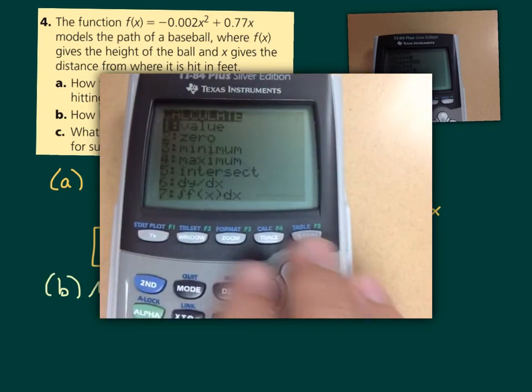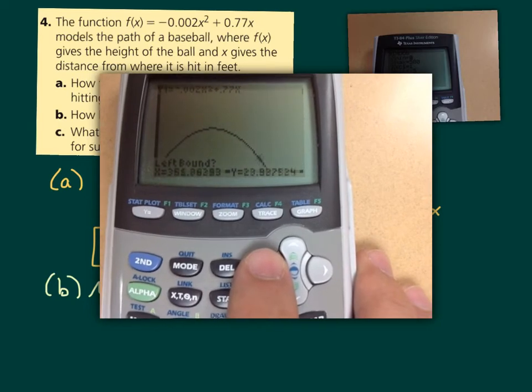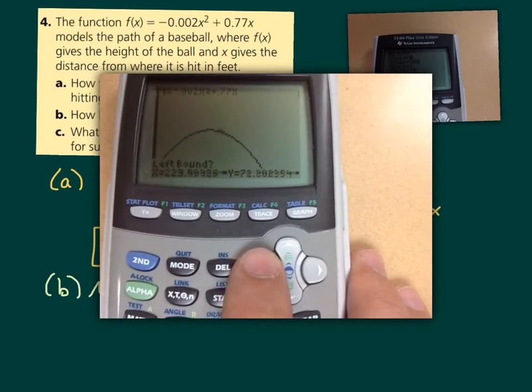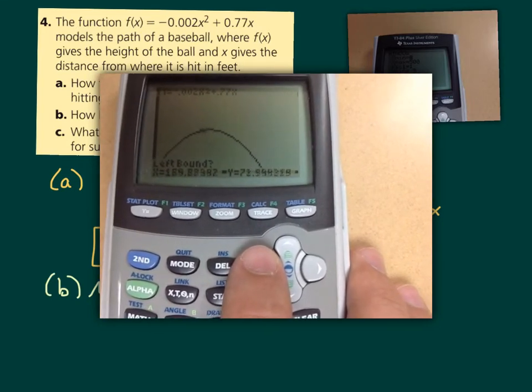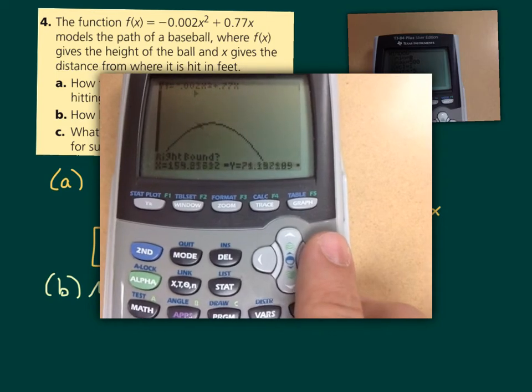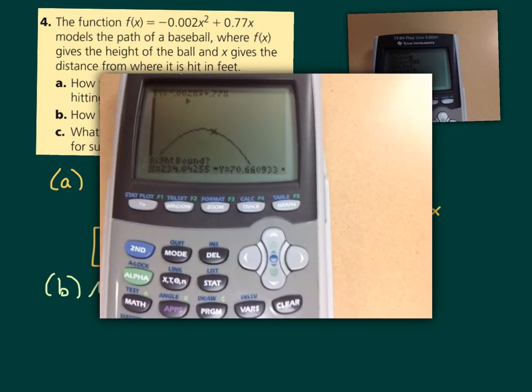Second, calculate maximum. We want to move our cursor until it's to the left of where we think the maximum is, move it until it's to the right of where we think the maximum is, then push enter.